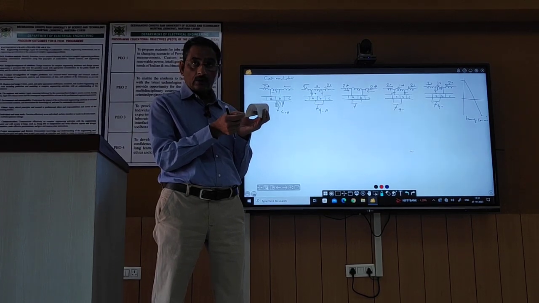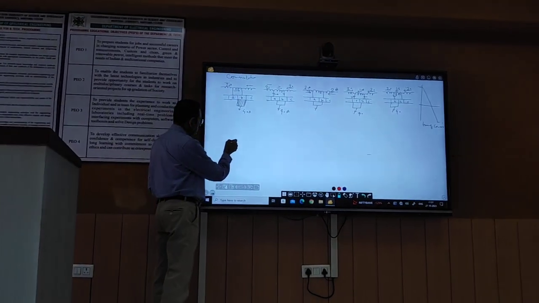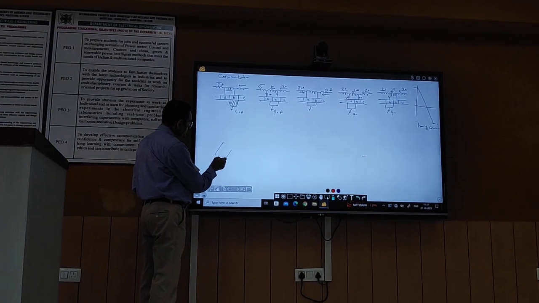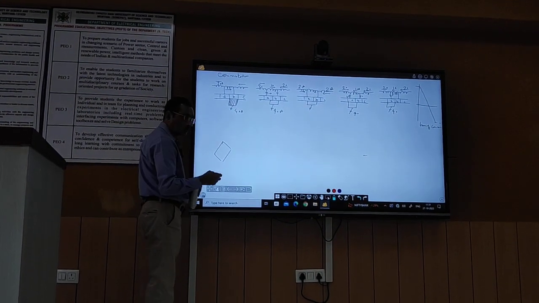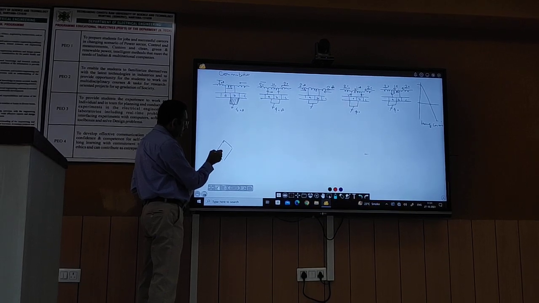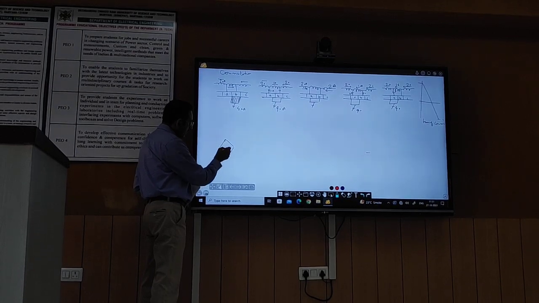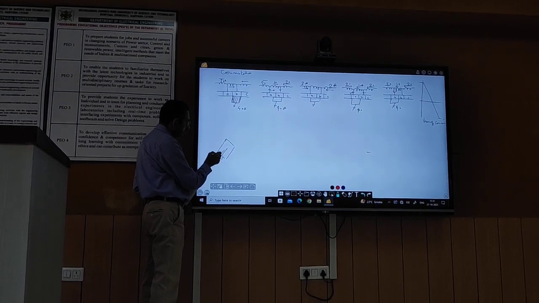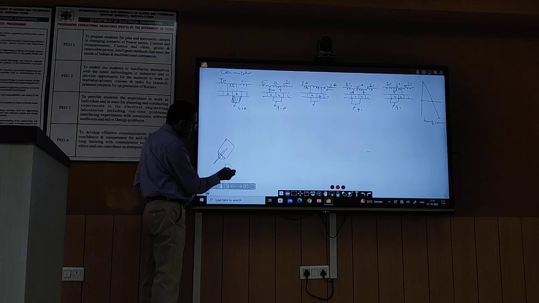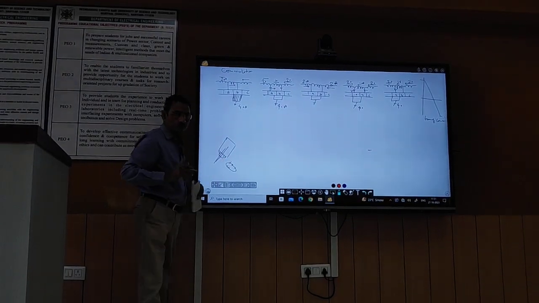To understand that, say this is a rotor, and on the rotor there is a winding. Here there is a commutator and a shaft. On the shaft there is a commutator, and here windings 1, 2, 3 are connected.